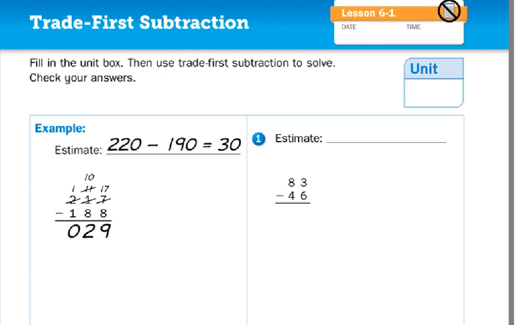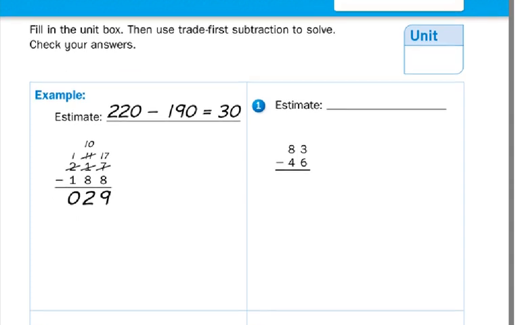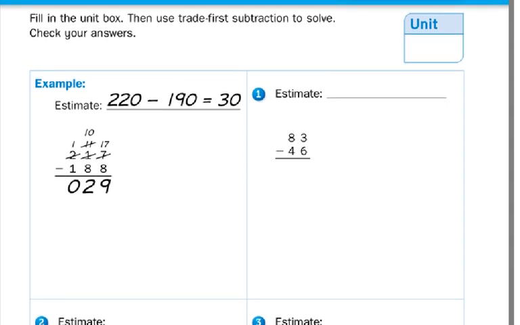Alright, we're on page 190. We're going to practice doing some subtraction again. You can work through these problems in whatever subtraction method works best for you. I'm going to show this page using the traditional method of the trade first subtraction.